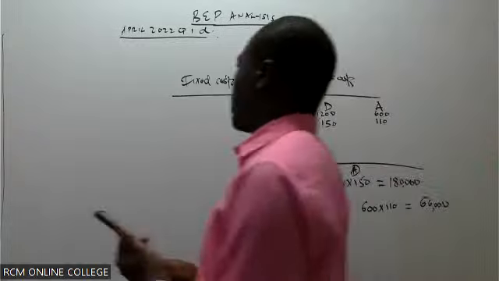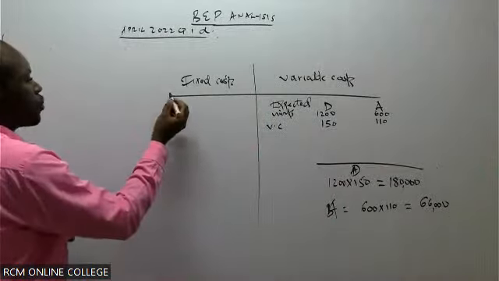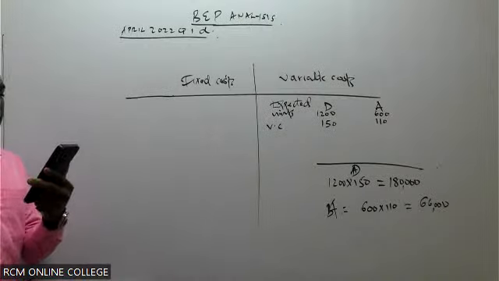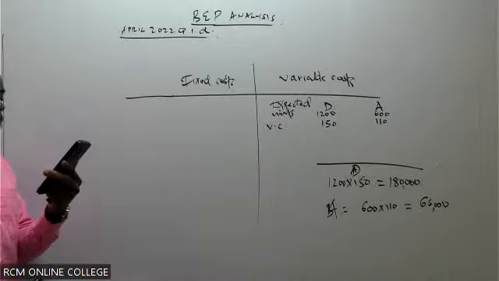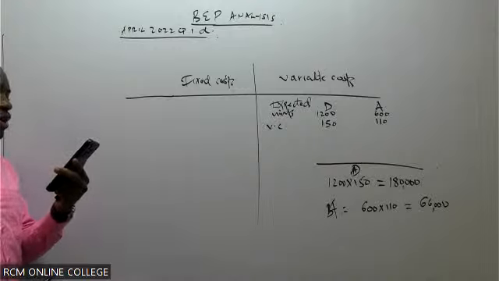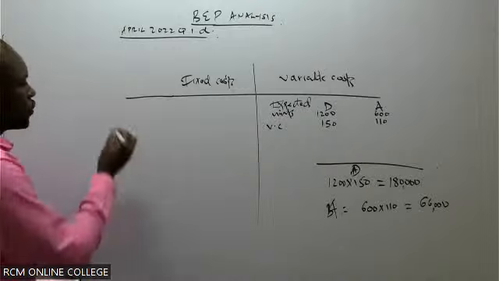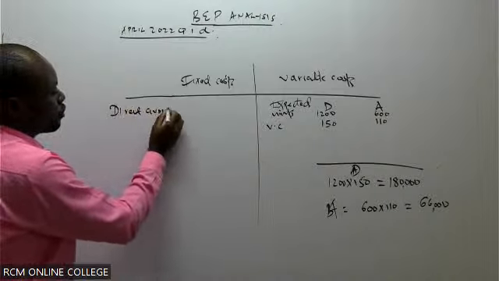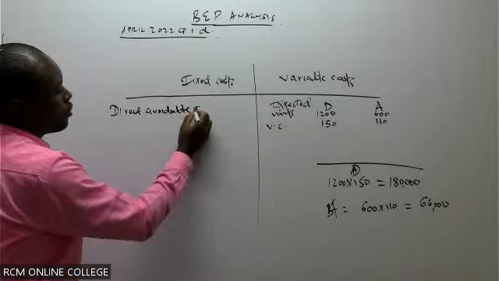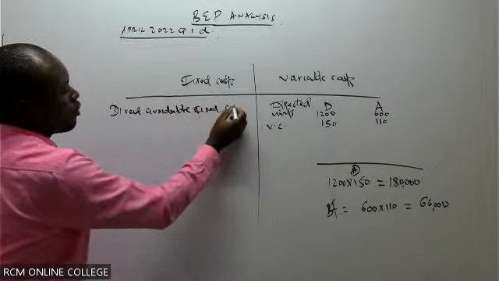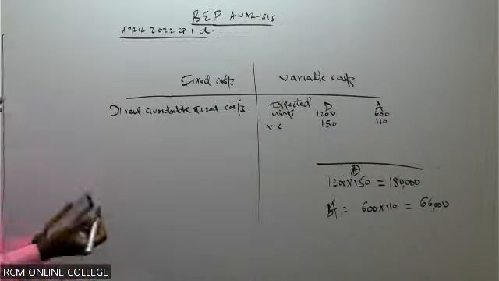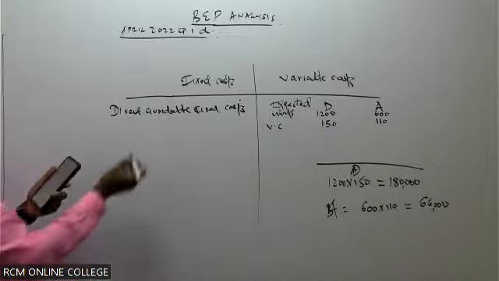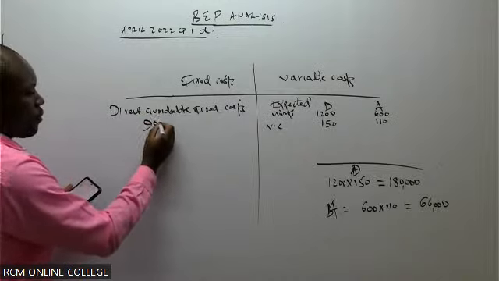Therefore, let's now come to the column of fixed costs. Are we able to identify the fixed costs here? The first part where we meet fixed costs is direct avoidable fixed costs. Direct avoidable fixed costs, we have 90,000 plus 27,000.